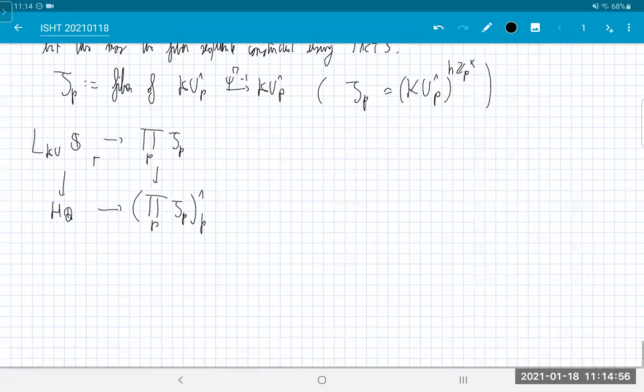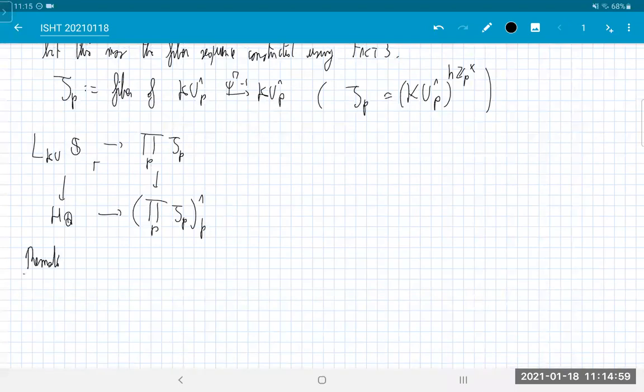And I just mention the following remark for those of you that have seen the story about the image of J in the exercise session.